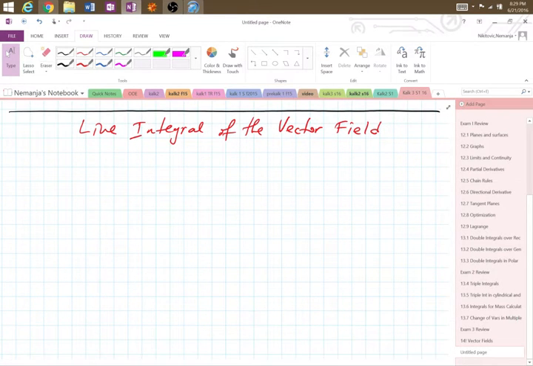Well, we're computing the same thing. I hope you remember that the vector fields can be generated by the gradient of a function. That function is called the potential function. And if you find the gradient, which are partial derivatives, vector of partial derivatives, you get the vector field. So we called it the gradient vector field.